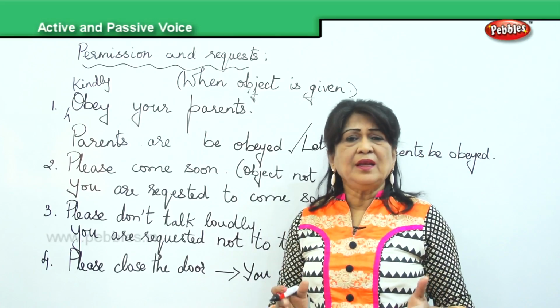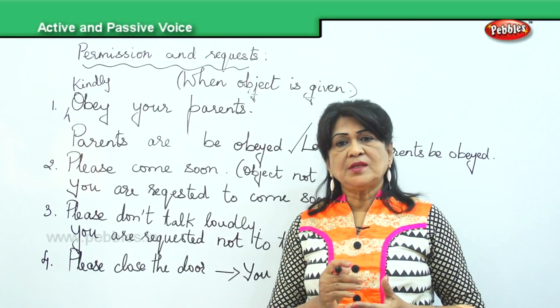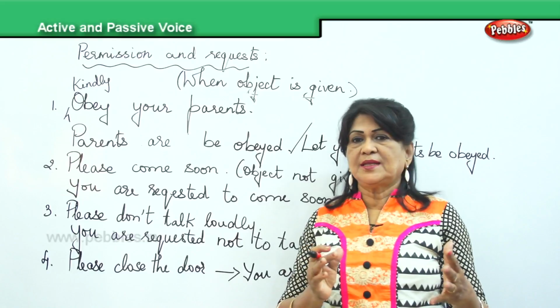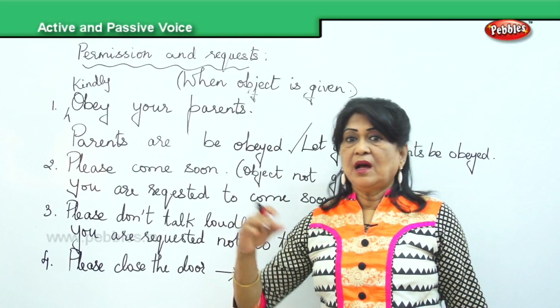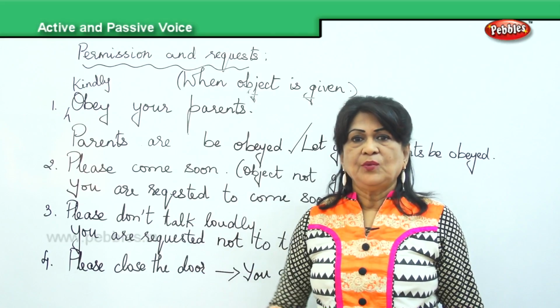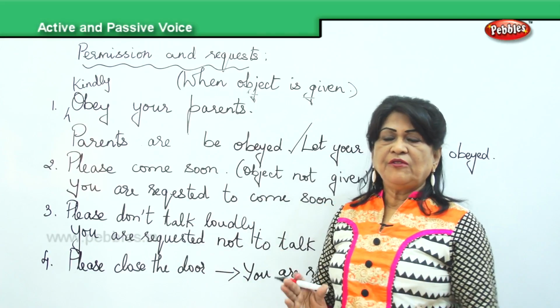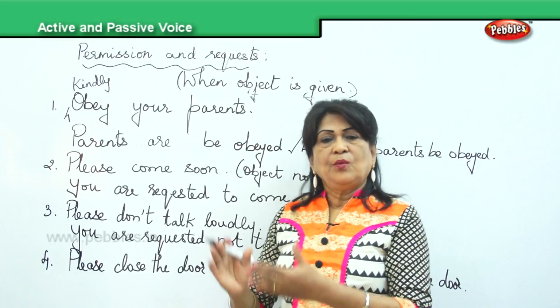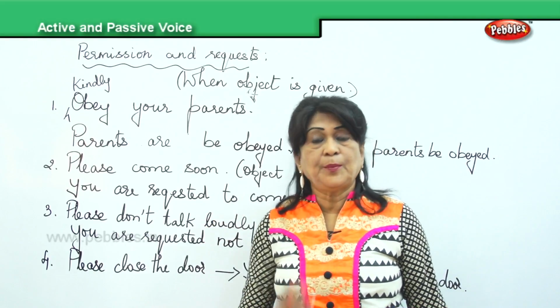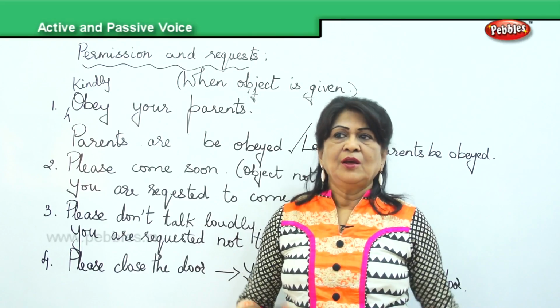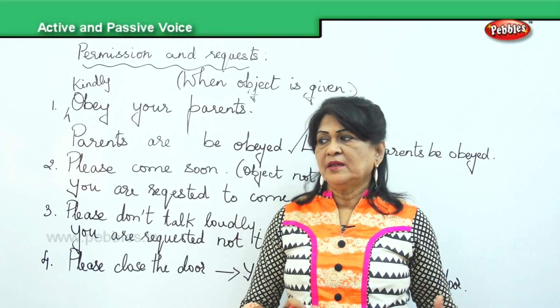Mainly we use passive voice when we narrate something, an incident. This was done, a house was burgled. We don't say the thief burgled the house. We mainly use passive voice when we do report writing, or narrating an incident.